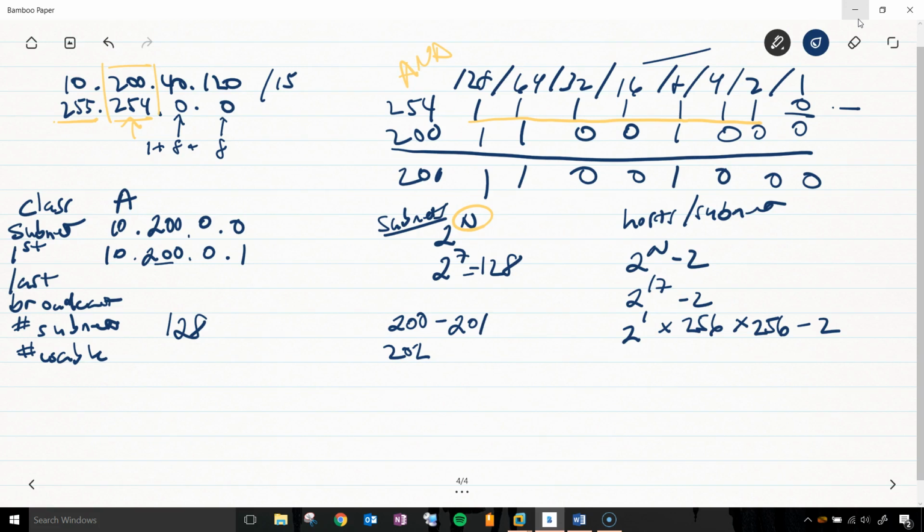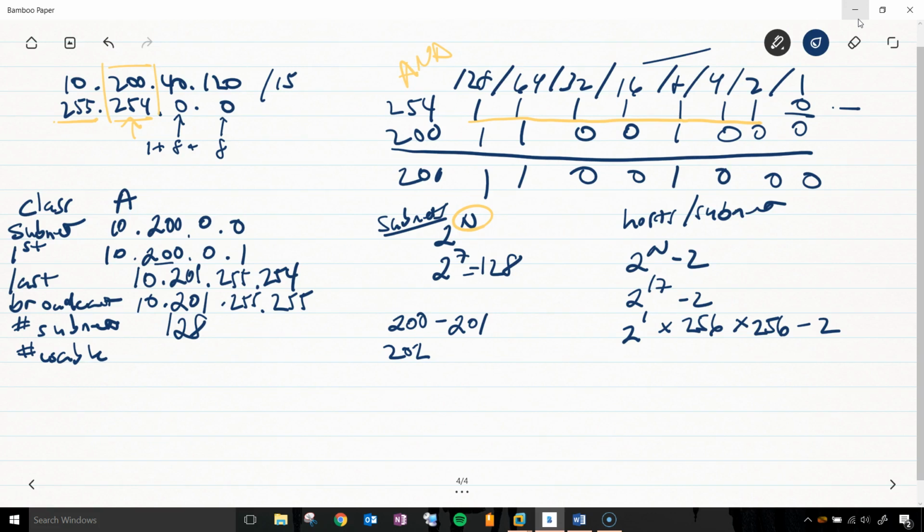So these subnets run from 200 to 201 in the second octet, which means that the broadcast would be 10.201.255.255, all ones. That would be the broadcast address. One short of that would be 10.201.255.254. That's the last usable host.